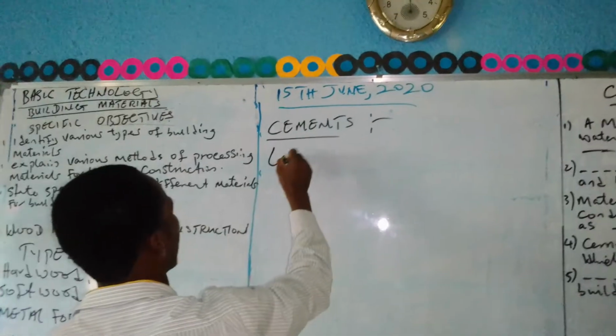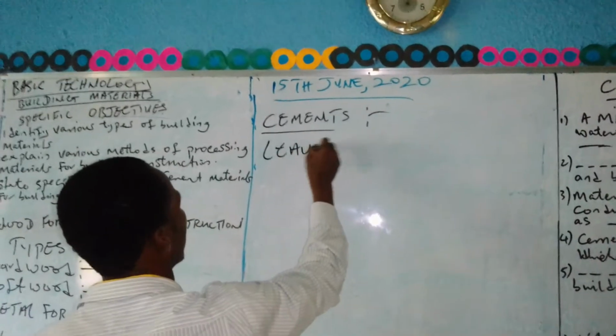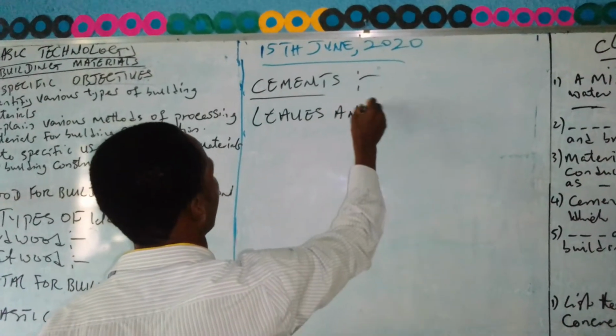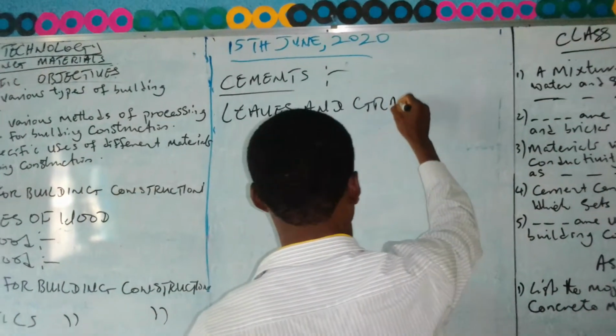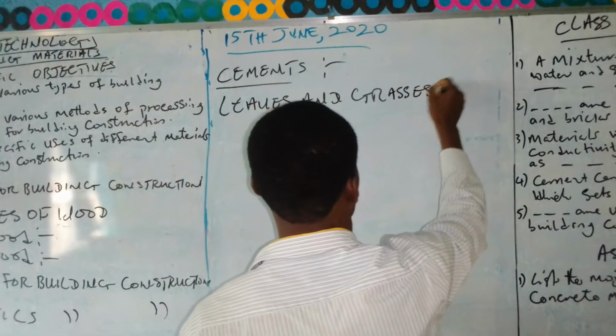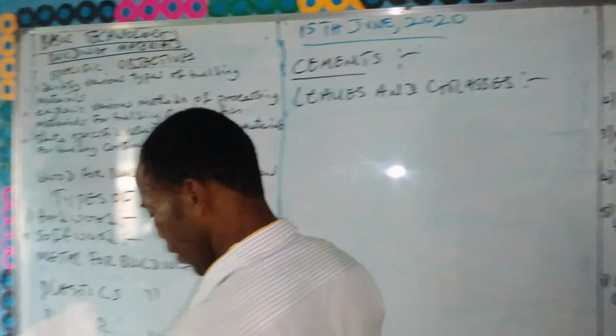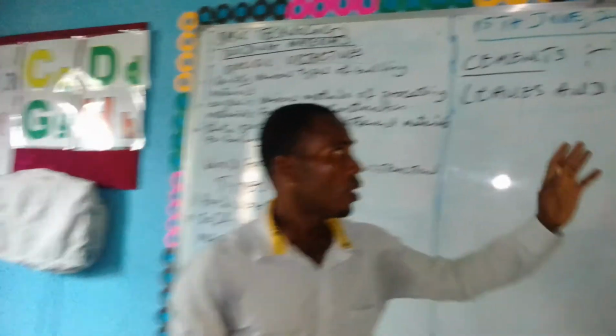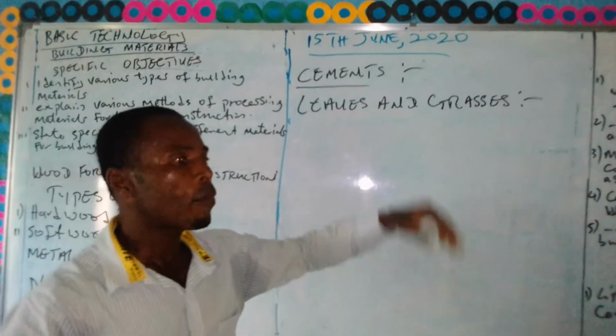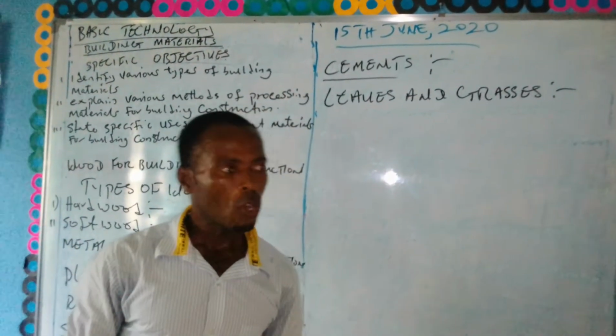Leaves and grasses. Leaves and grasses is another building material. You may not understand.